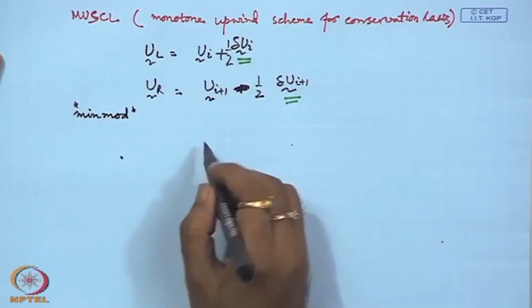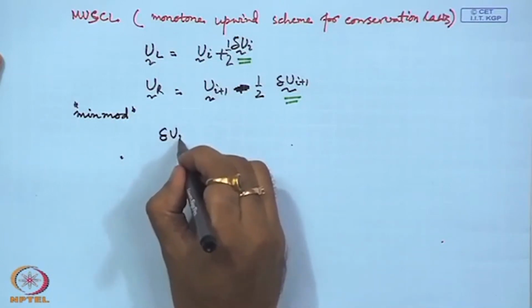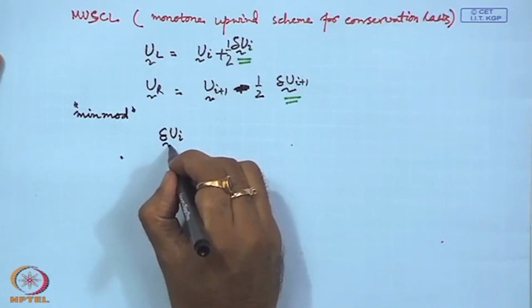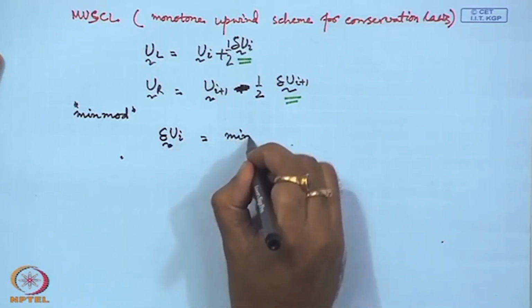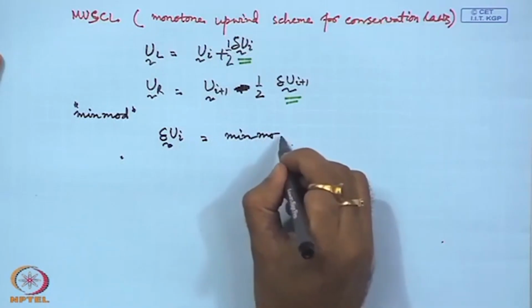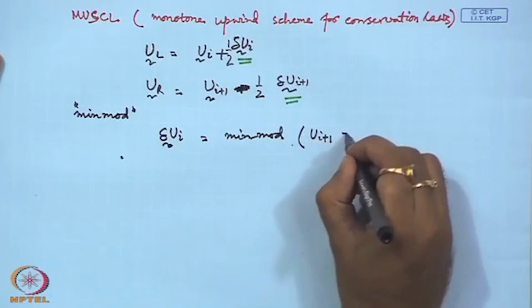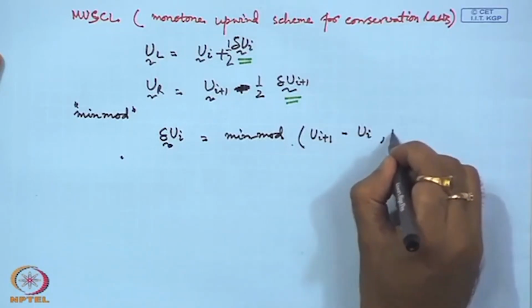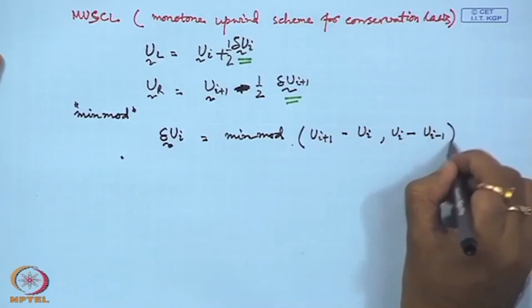In that one, this del UI is calculated as min mod of UI plus 1 minus UI, and this is UI minus UI minus 1.